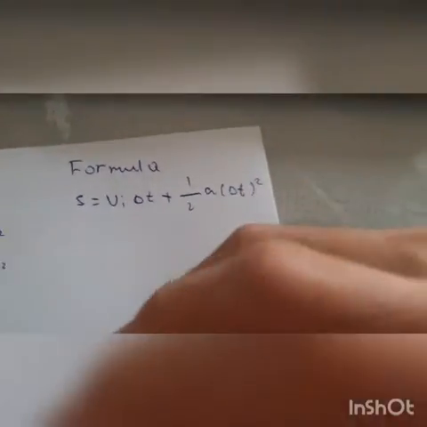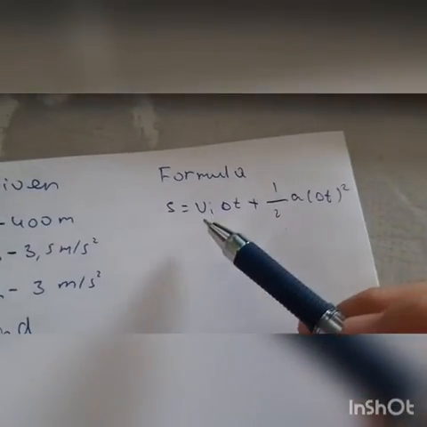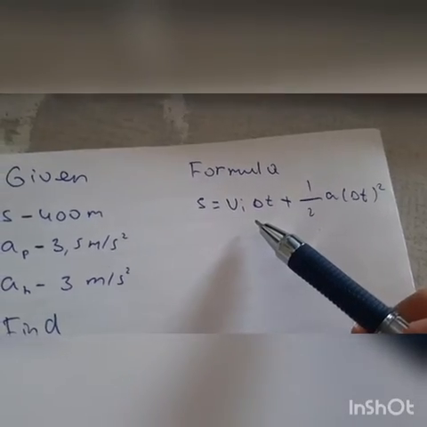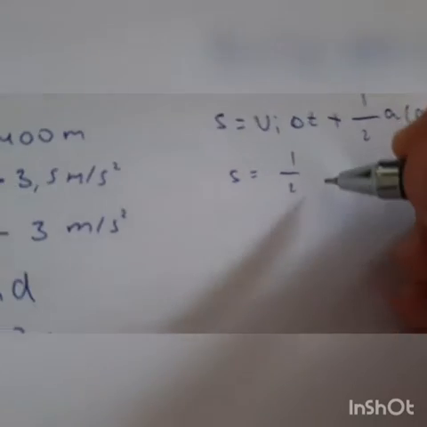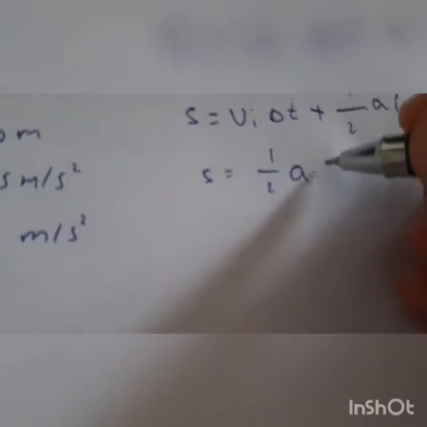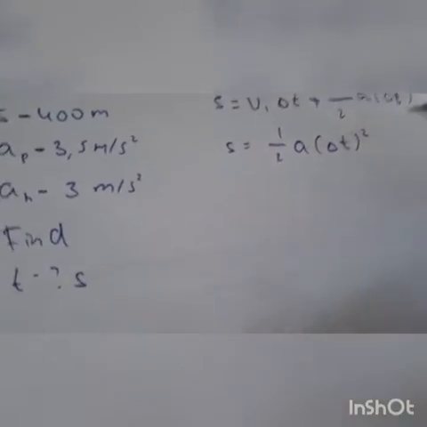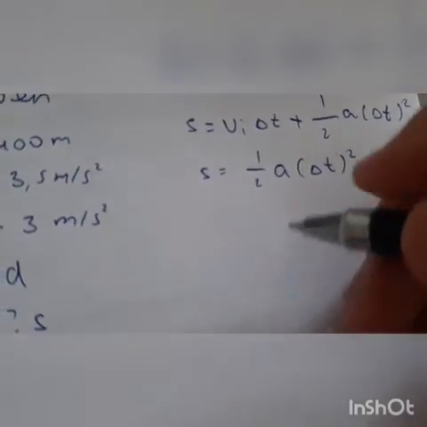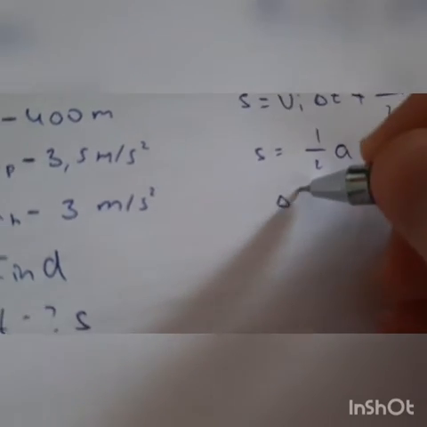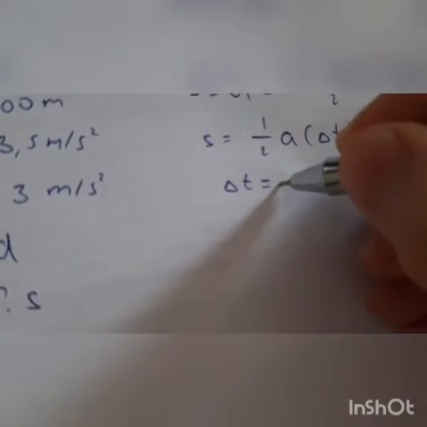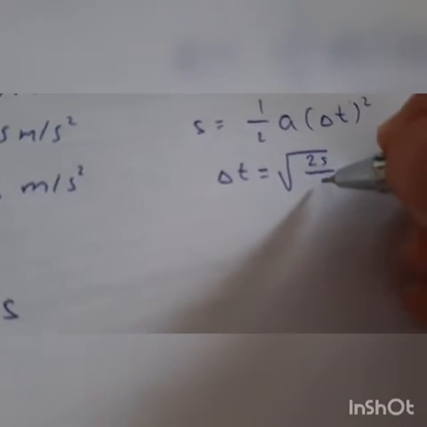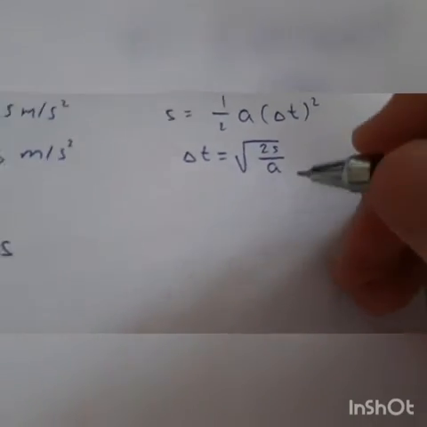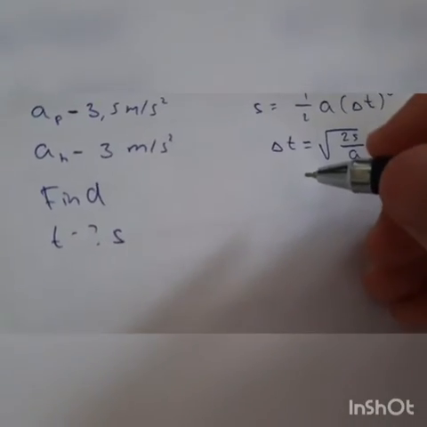We have this formula, and our v initial is 0 because it's not given. And we change this formula, because we need to find time, and we write delta t in seconds.